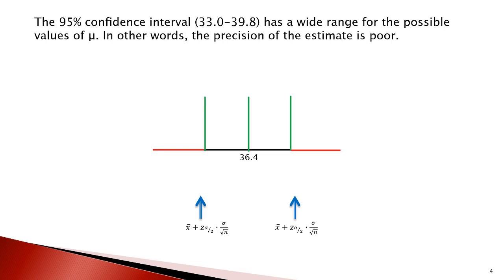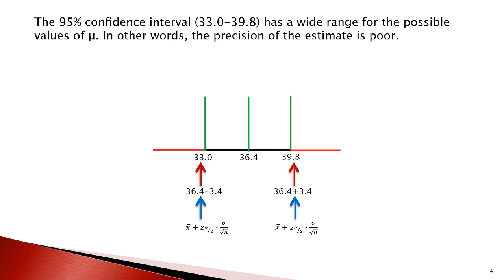By simplifying them, we got 33.0 and 39.8, right? The sample mean minus 3.4, we get 33.0. The sample mean plus 3.4, we get 39.8. That's how we got the lower bound and the upper bound.